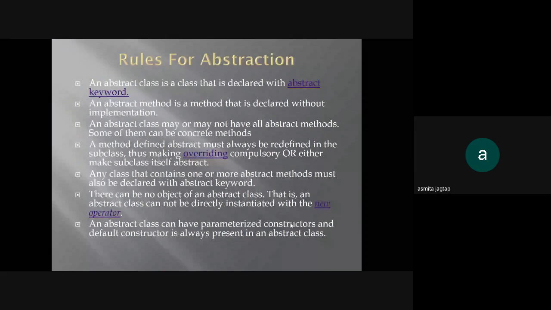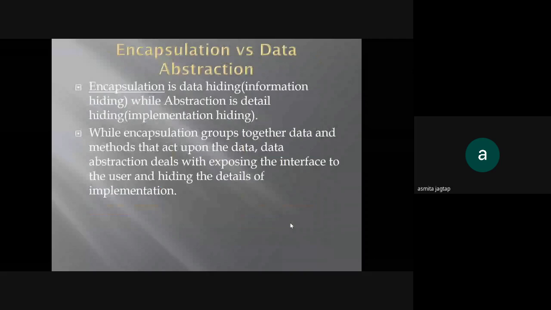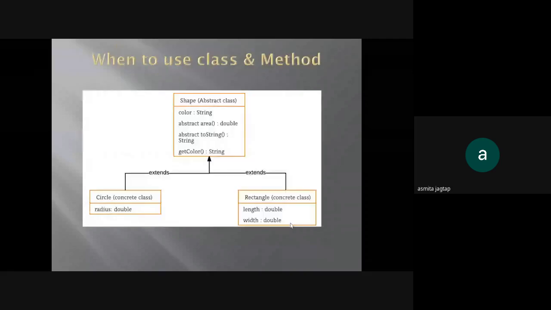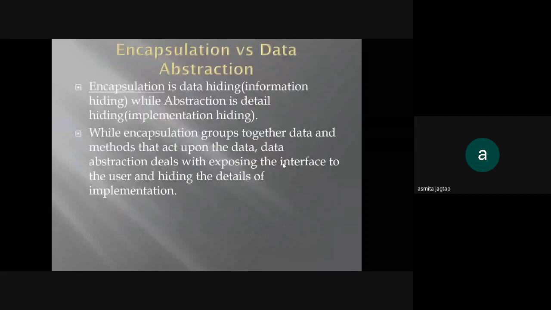We've seen the example with the chef, creating an abstract class as a chef class, and circle created as a concrete class, and we calculated the circle area with the help of this abstraction. So encapsulation and abstraction: the main difference is that encapsulation is data hiding, meaning information hiding, but abstraction is hiding implementation detail.